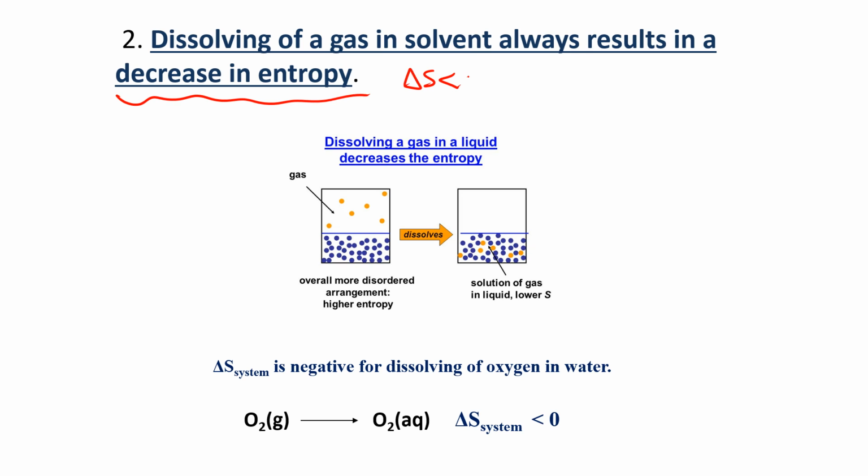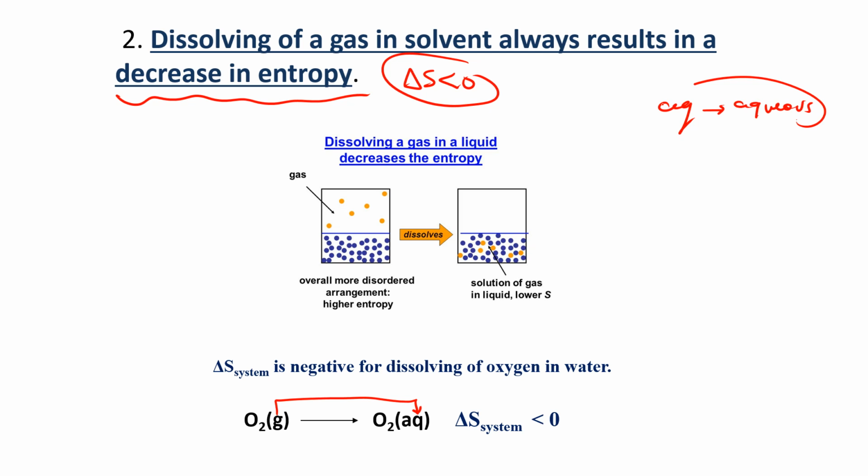Now, dissolving a gas in solvent always results in a decrease in entropy. So delta S is less than zero. What does that mean? It means if we put a gas and we dissolve it in water, we take a gas and we put it inside water. So a gas will transform into AQ. You know that AQ from the previous grade, AQ is aqueous. يعني مذاب في الماء. Dissolved in water.